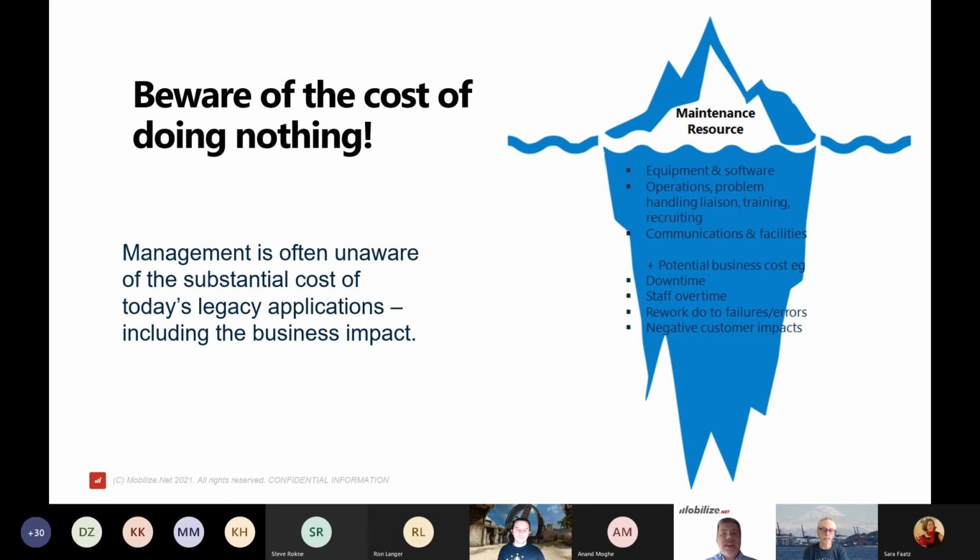But you tend to forget the cost of actually deploying that application to the business. And again, it's another type of hidden cost. What is the retraining that you have to do for your users? What is the impact of potential mistakes and errors if you try to implement a new application in the business?